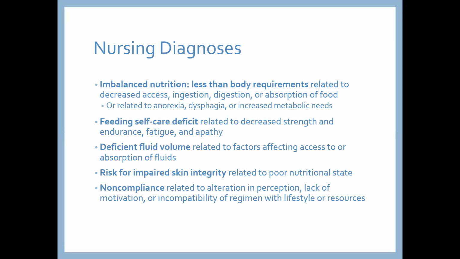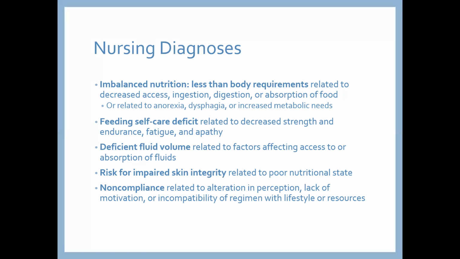And then non-compliance, maybe, for whatever reason, they have an altered perception of adequate nutrition, they have a lack of motivation, or their lifestyle or socioeconomic status is incompatible with being able to optimally intake adequate nutrition.